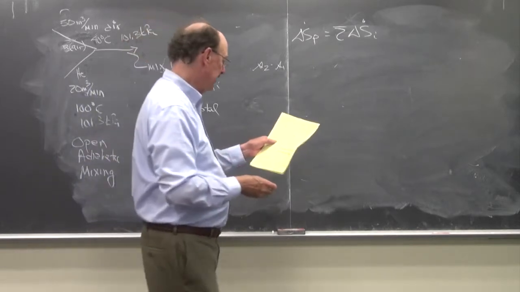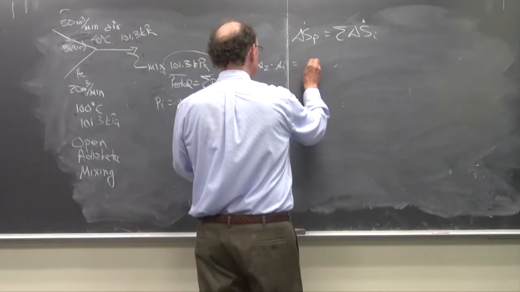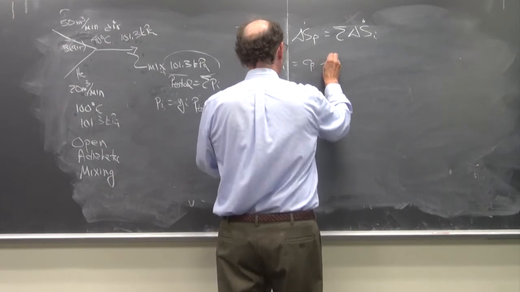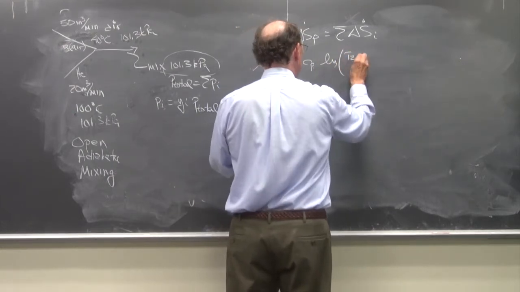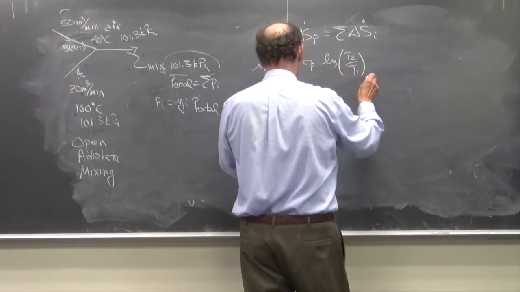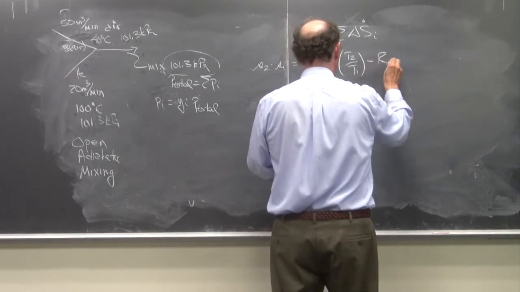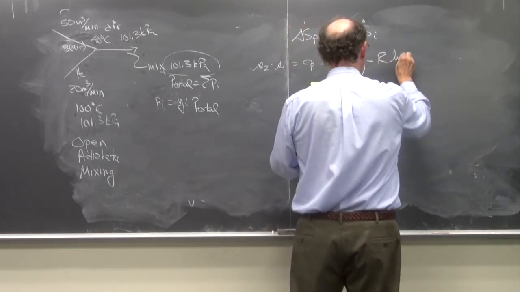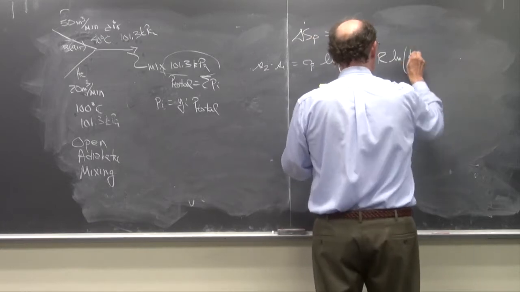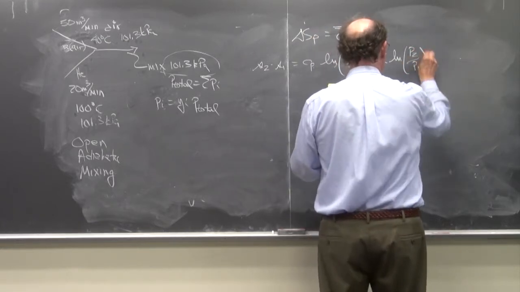Now we're going to apply it to each gas. So this is equal to C sub P times the log of T2 over T1 minus R times the log of P2 over P1.